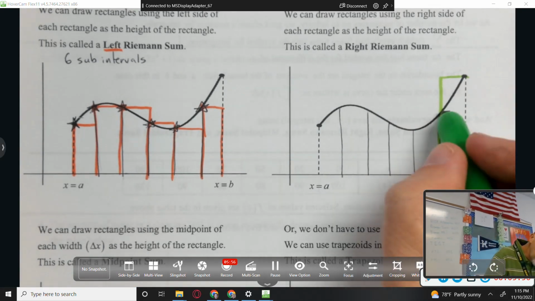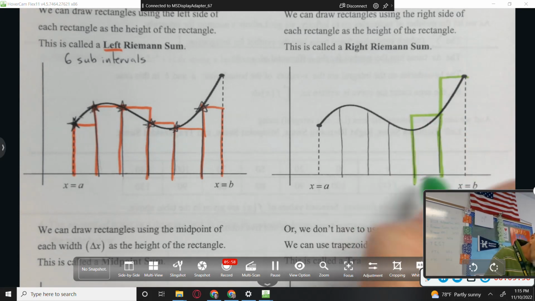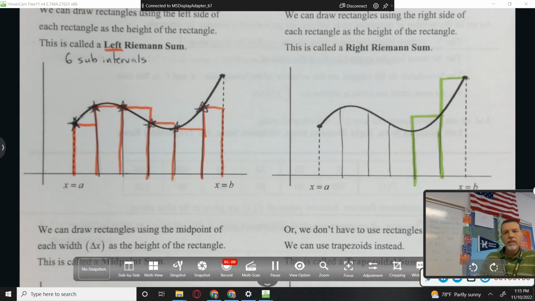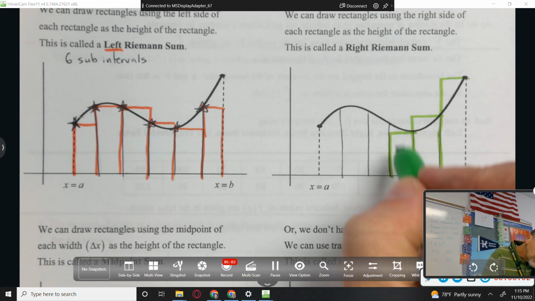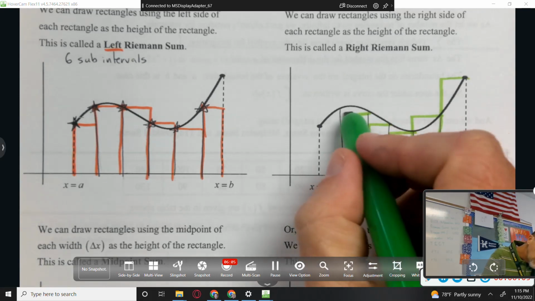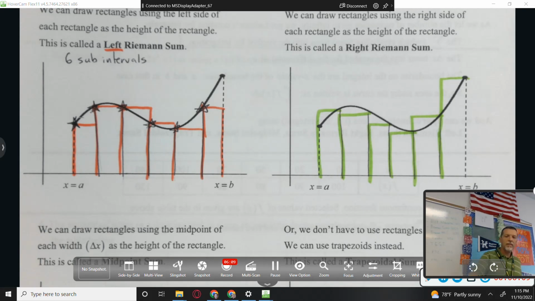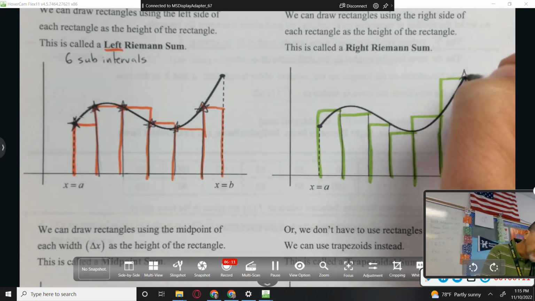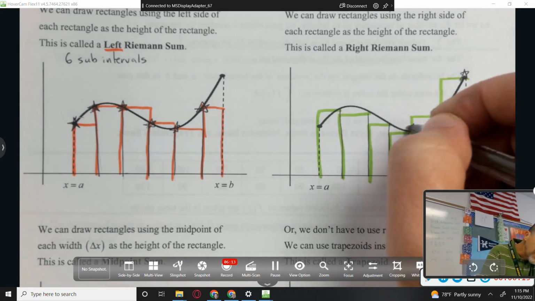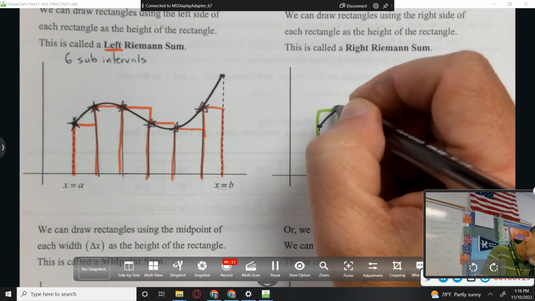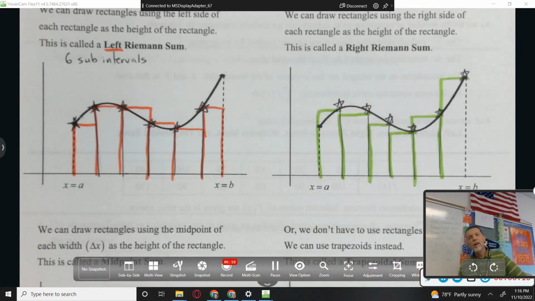Then your next rectangle would be coming from the right there, and then your next one. And there are your right rectangles, because you're using the heights at the right side of the intervals.